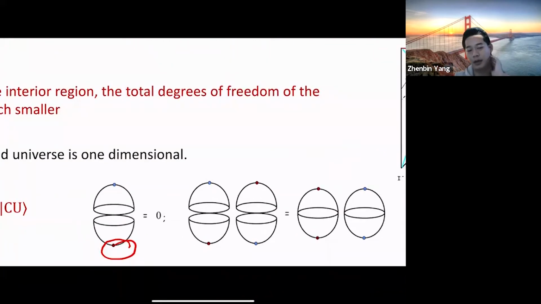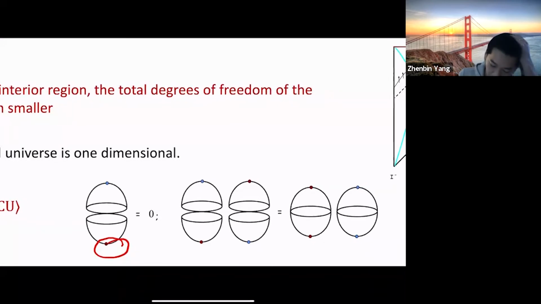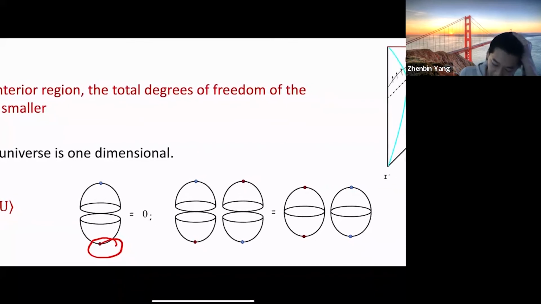I'm imagining those as different states creating different excitations inside of the closed universe. Then you use the gravitational rule to calculate the inner product between these two states. I'll choose these red and blue dots corresponding to different operator insertions in the closed universe. Then this inner product will be 0.